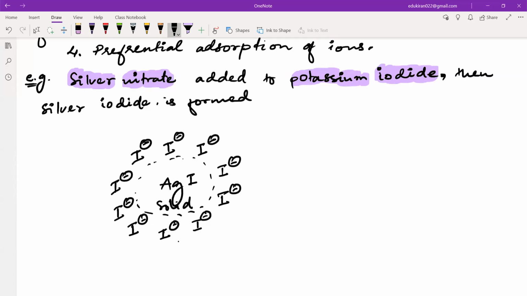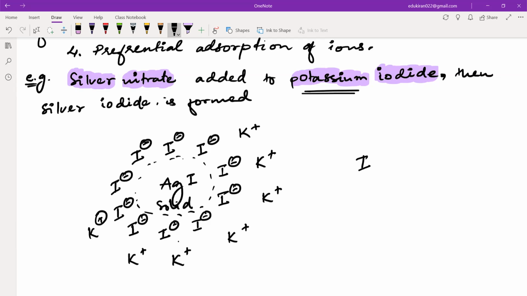Now, next thing that we have, which is in very large amount, is potassium. So when you have I negative here, this I negative will also attract the potassium positive ions, K positive ions. So now you have two layers. This kind of layer is formed when you have preferential adsorption. Why is there preferential adsorption?